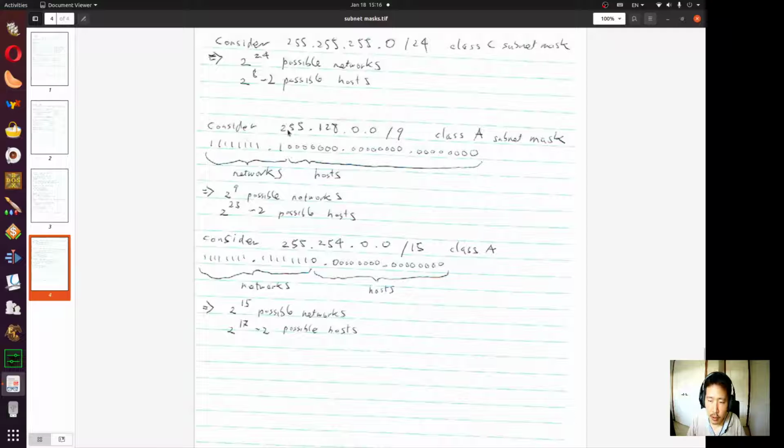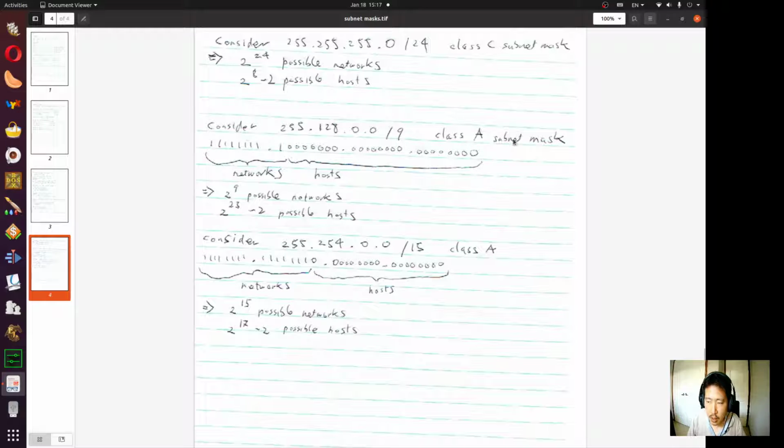Consider 255.128.0.0/9. We know what 9 means, right? That's the number of bits that are turned on. Let me count. 1, 2, 3, 4, 5, 6, 7, 8, 9. Okay, that's what the number here means. Pay attention here.